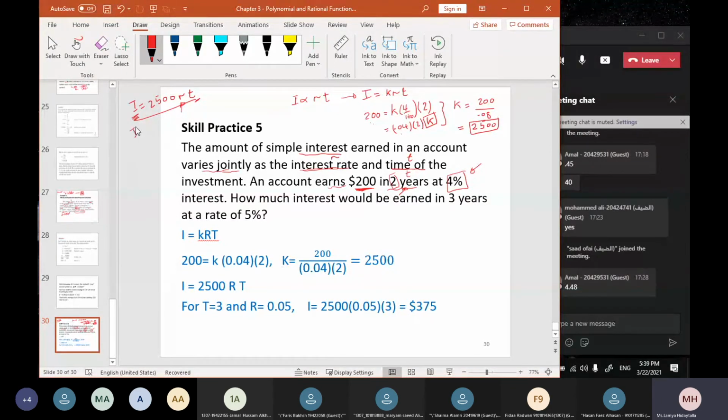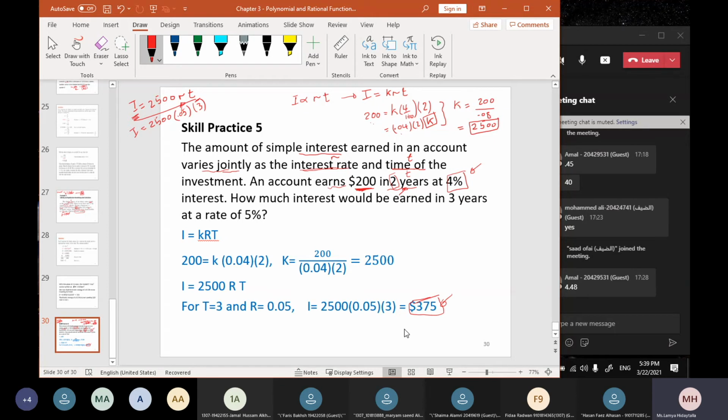My interest is going to be equal to 2,500 times the rate I have been given, 5 over 100, so it is 0.05, and then times the time, which is 3 years, so times 3. You calculate that, and in this case you're going to have an interest of 375.